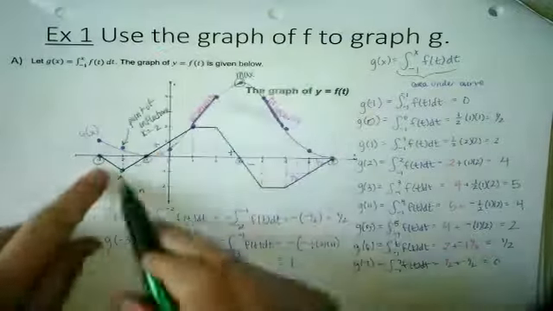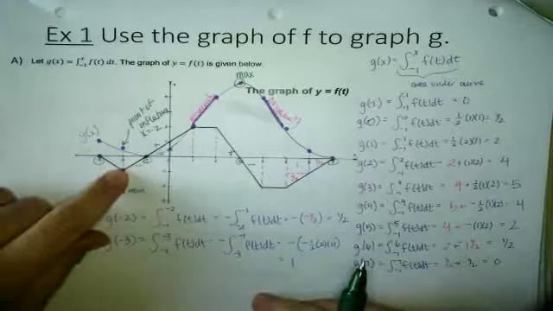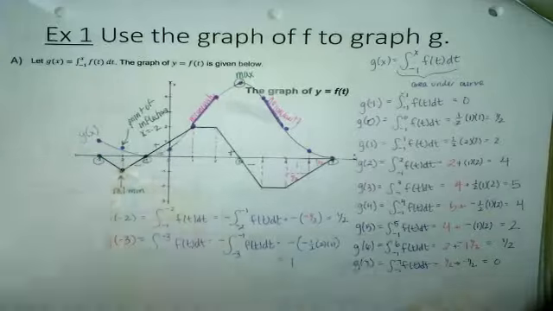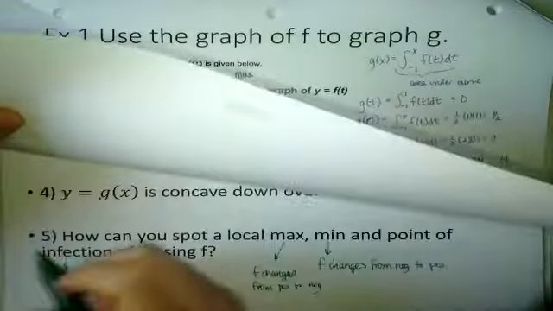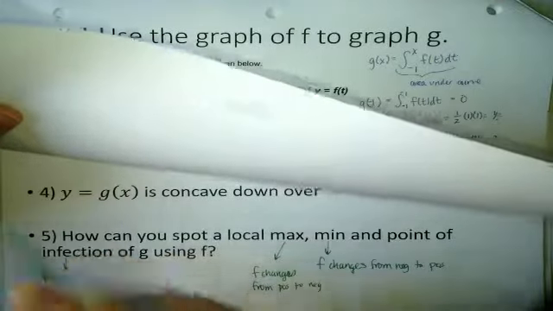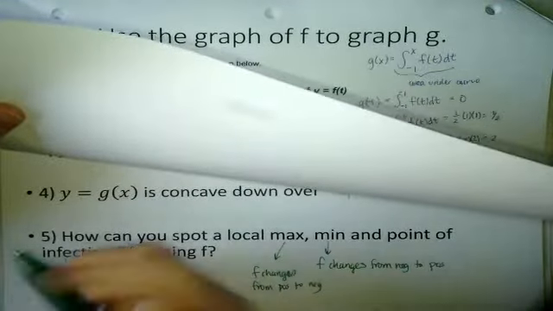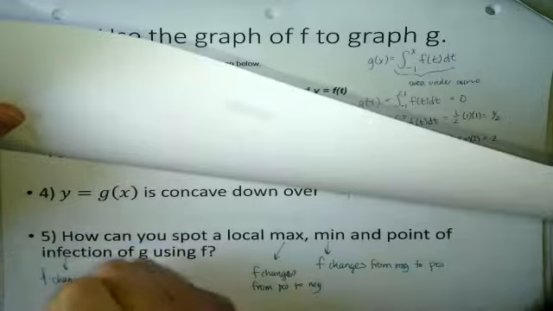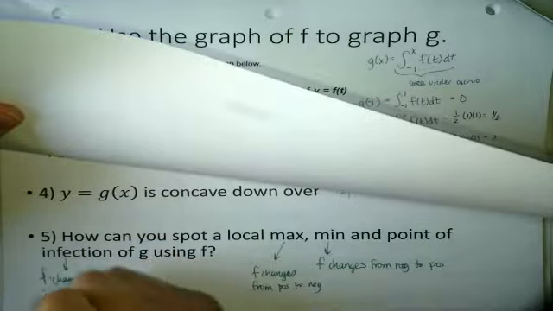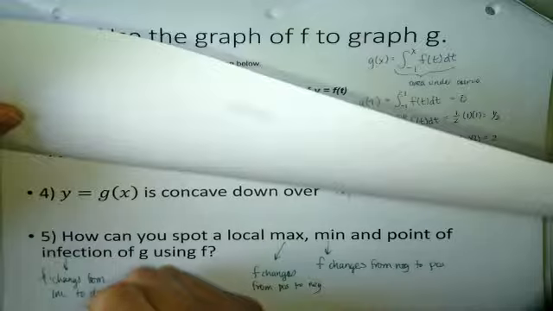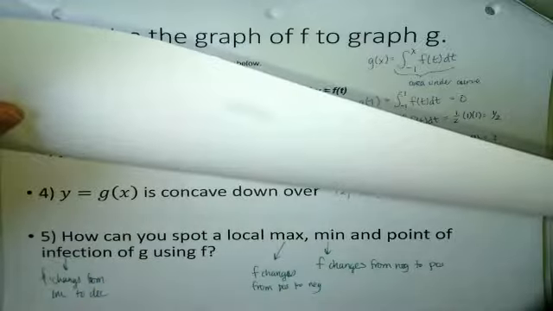And this is where our F function is changing from decreasing to increasing, or vice versa. So a point of inflection is where F changes from increasing to decreasing, or vice versa. All right, and that's important.